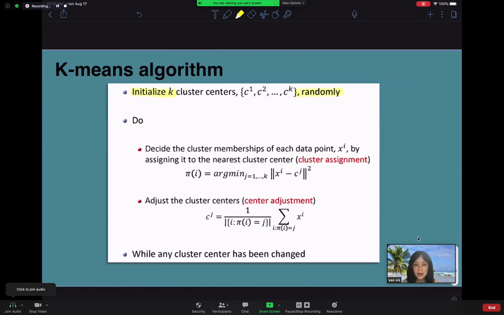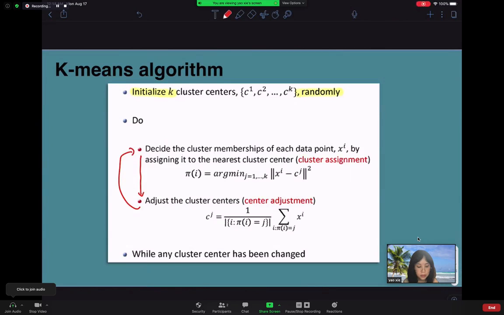For example, you can set these as multivariate normal random vectors for each of the centroids. After that, we will iterate between the two steps in this algorithm. These two steps correspond to assigning clusters for each data point, and then adjusting the centers for each cluster after we have done the assignment. Then you come back and repeat these two steps.